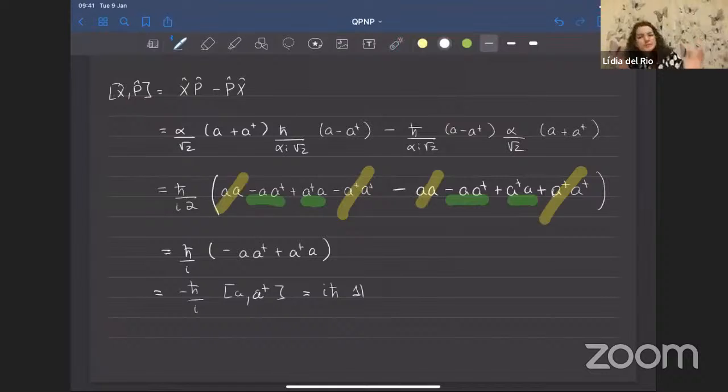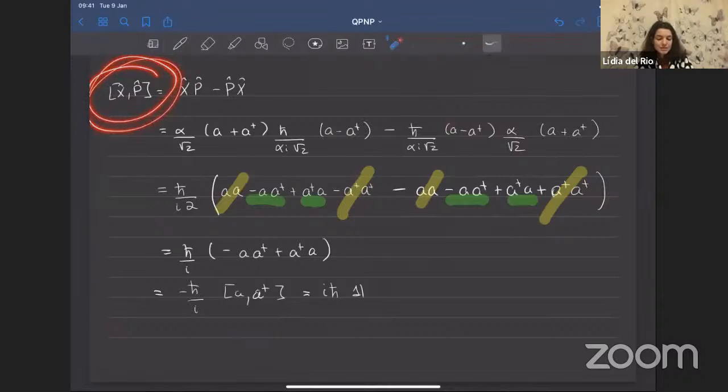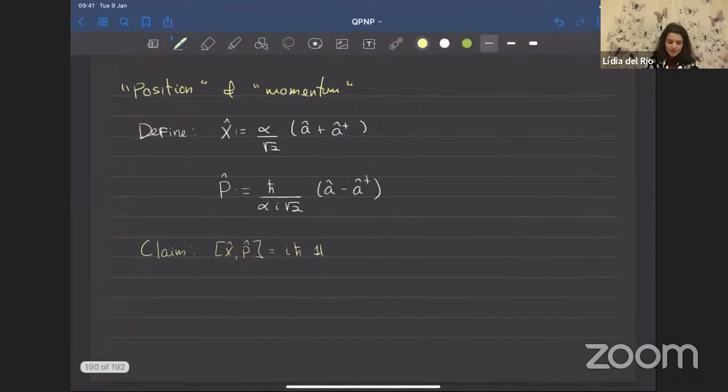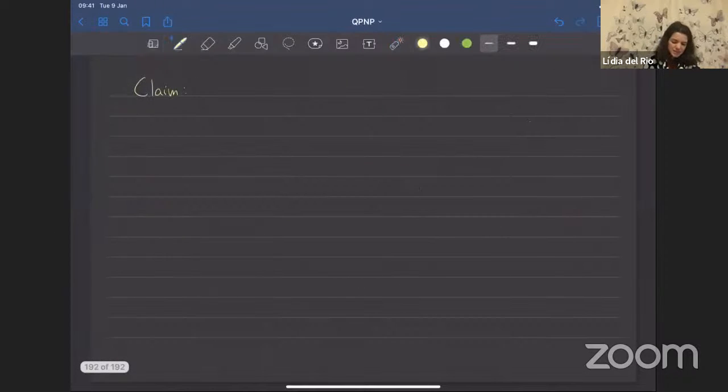So this means, in particular, that in a one-dimensional system, any one-dimensional system where we have x and p, where we have position and momentum, we can always find these operators a and a dagger. So what are they? And that's the claim. It's just taking this definition and rewriting this as a function of a and a dagger here, just like when we change bases for states.